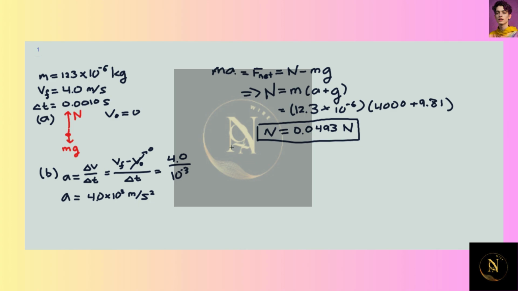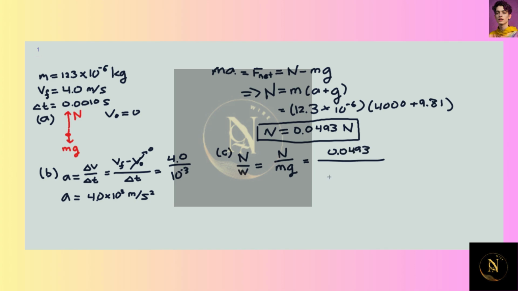So quite underwhelming, but we can put this into perspective by trying to figure out what the ratio of its normal force to its weight is. So in other words, how strong can it push itself compared to its own weight. So let's find that ratio. That's going to be the normal force that we just found divided by mg. Plug in some numbers. The number that we just found, 0.0493.